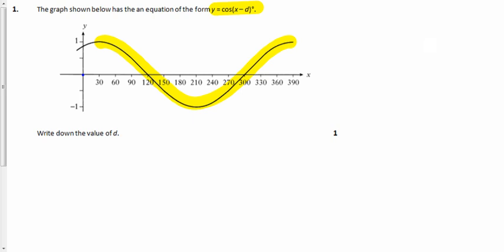But by studying it, we can see our starting point here has been moved 30 degrees right. So this gives us a value of d equals 30 degrees. 1 mark question to get started on the paper there.